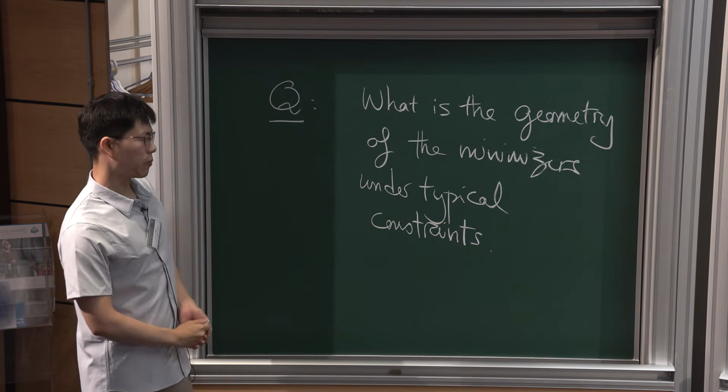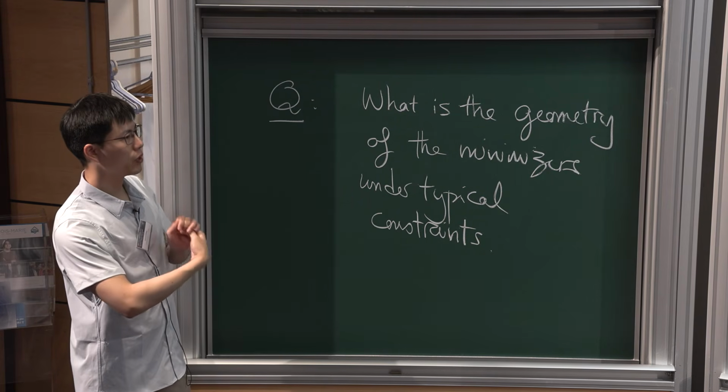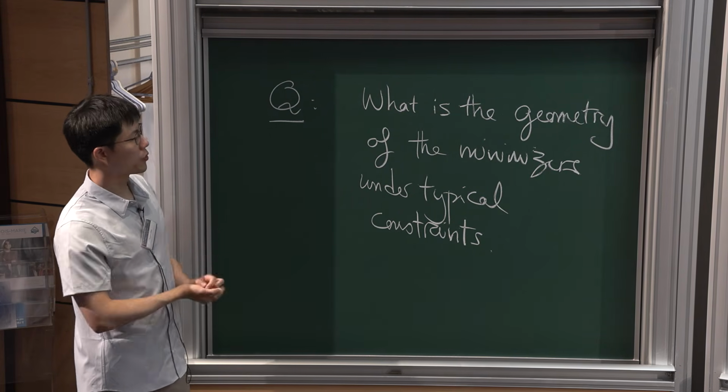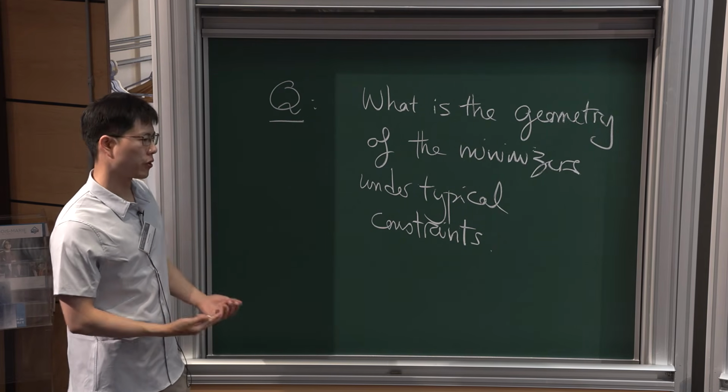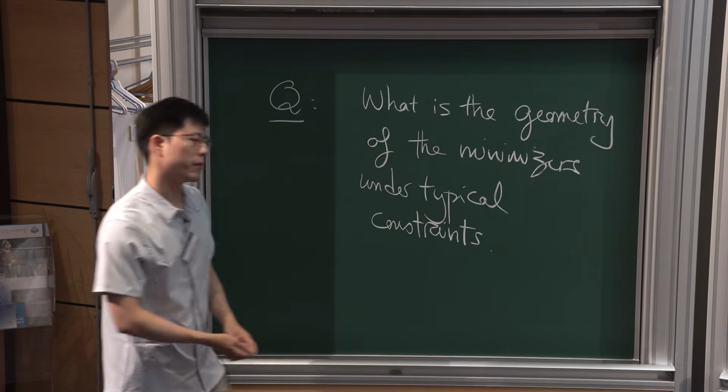Here the keyword is typical. You want to try to understand the shape or the geometry of minimizers if the constraints are chosen maybe at random or at least in a typical fashion.